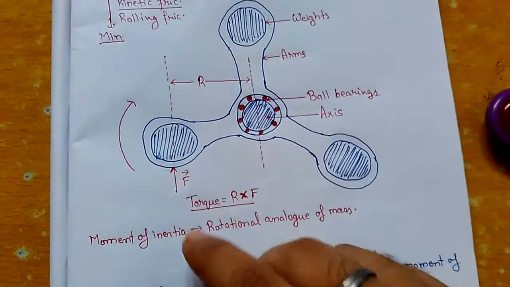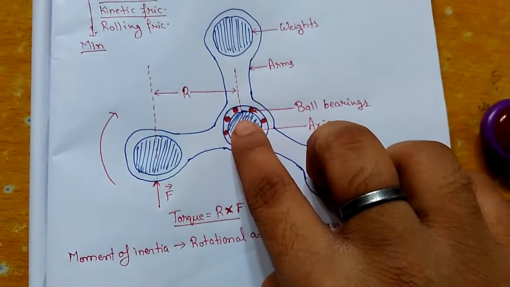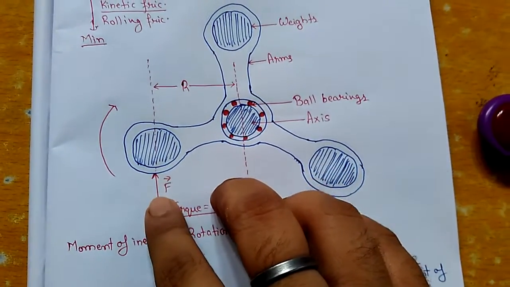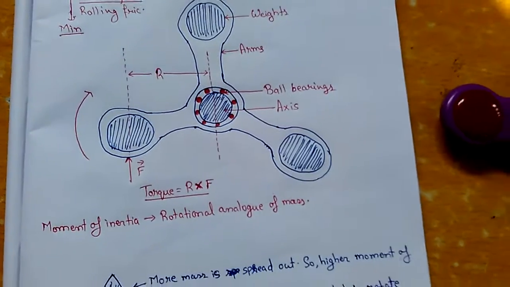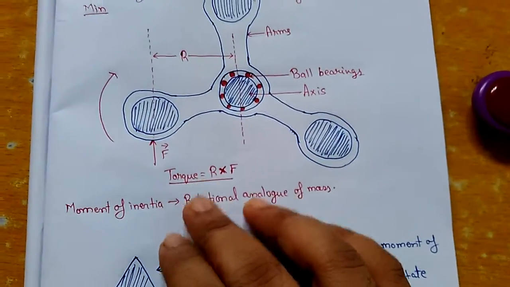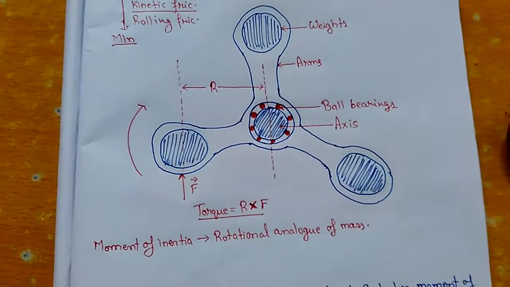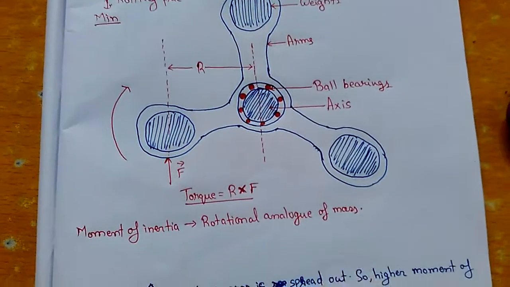As the torque is applied, it will generate a rotational motion around the axis of the fidget spinner. As the direction of force is this, so fidget spinner will rotate in a clockwise direction. Torque is basically the rotational analog of force. As force creates a linear motion, similarly torque creates a rotational motion.